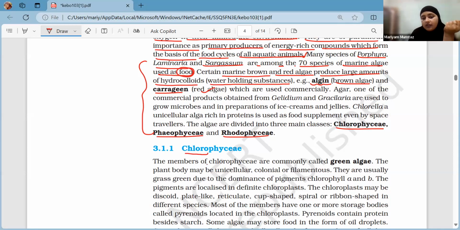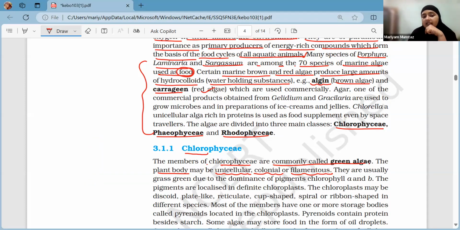The members of Chlorophyceae are commonly called green algae. The plant body may be unicellular, colonial, or filamentous. Various forms are there. Unicellular, one cell; colonial, many cells coming together, forming a colony. And filamentous, you remember we studied about that, Nostoc, that also was filamentous.